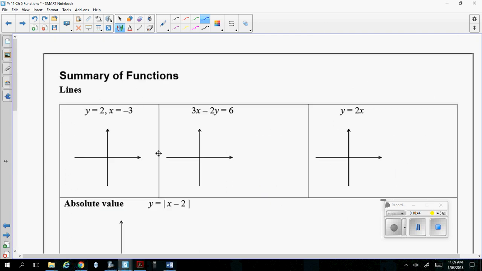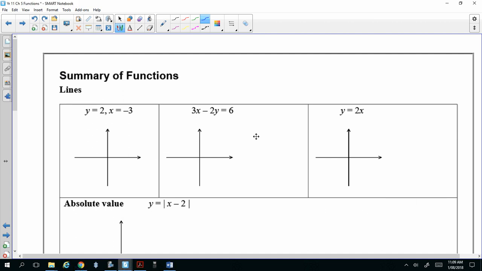Okay, so let's go through the summary of all the functions. We need to know how to draw lines like y equal to 2 and x equal to -3. And then we also have got this line. This line is you have to find x and y intercept.